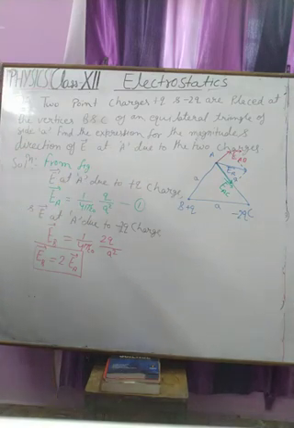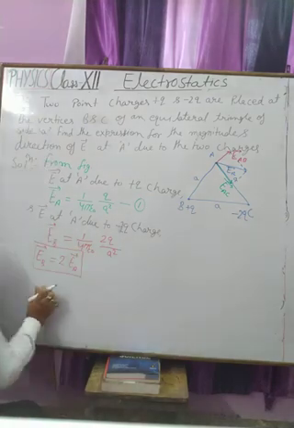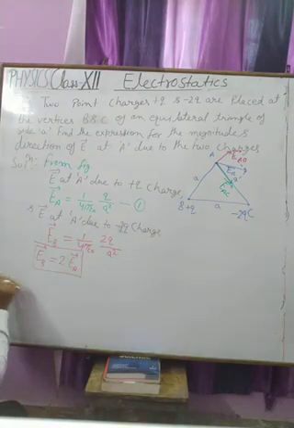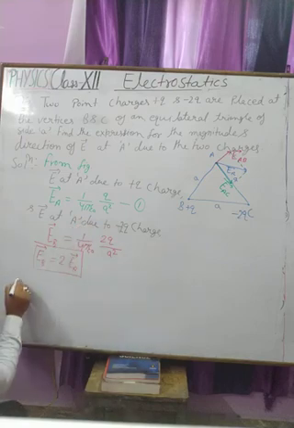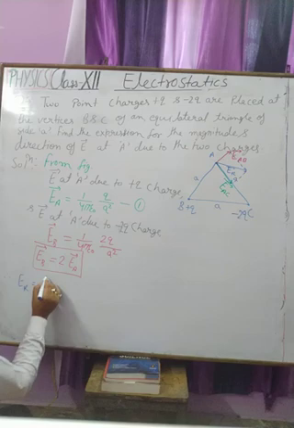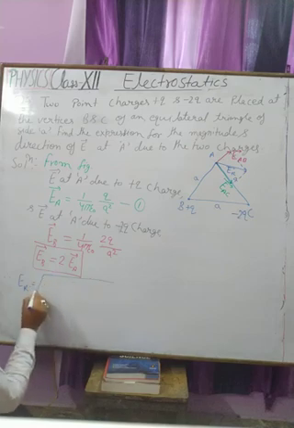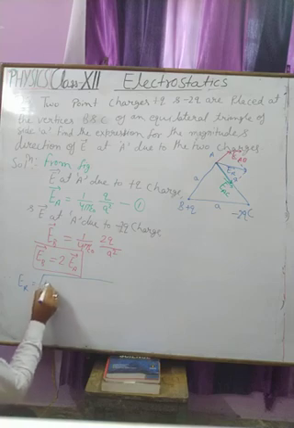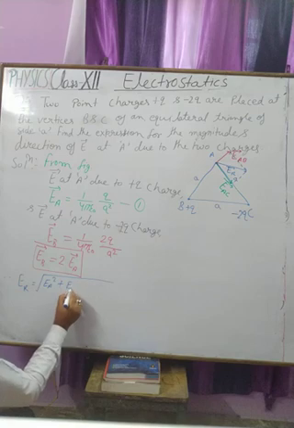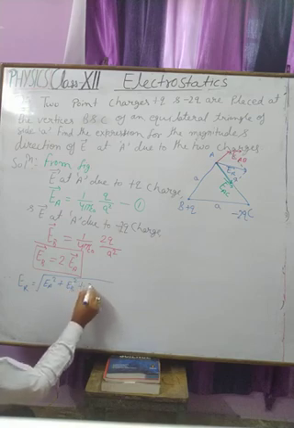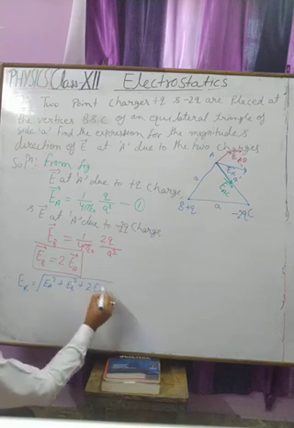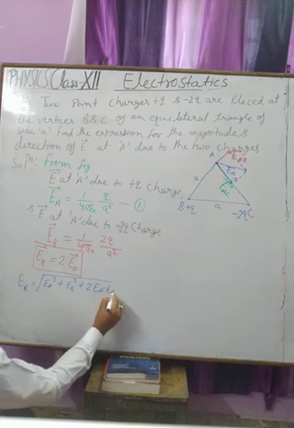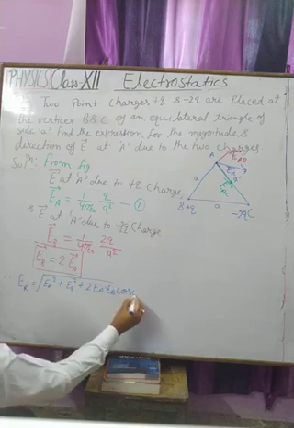So the resultant electric field is given by the square root of EA square plus EB square plus 2 EA EB cos theta.